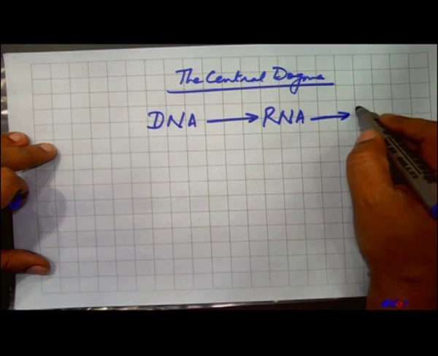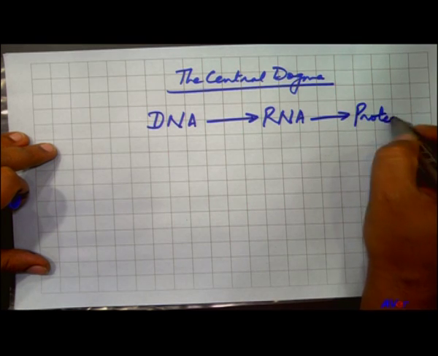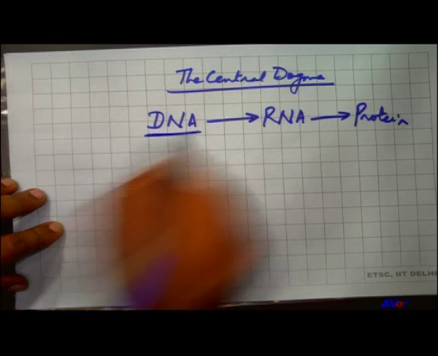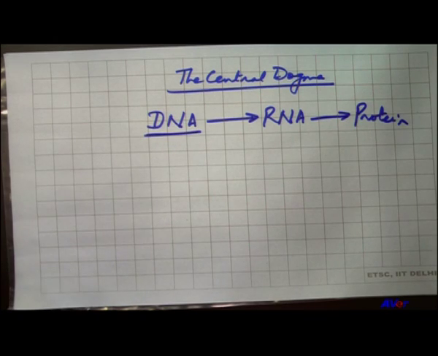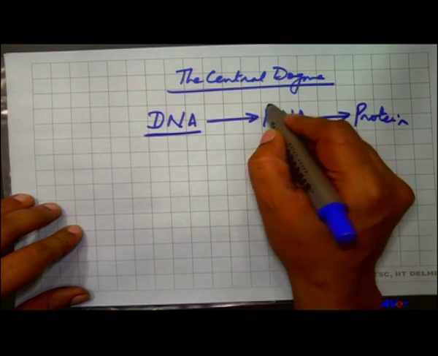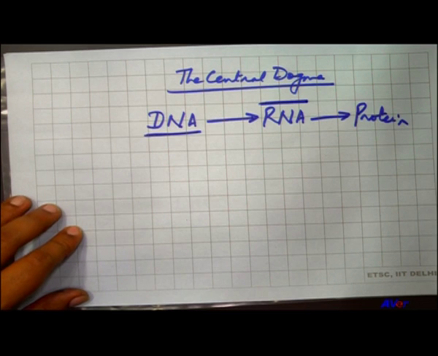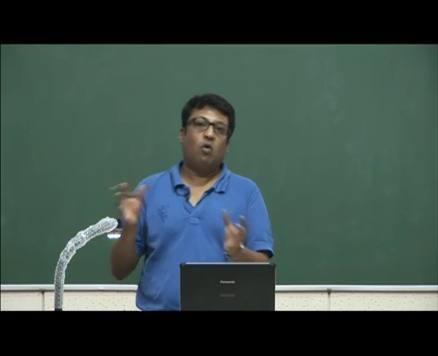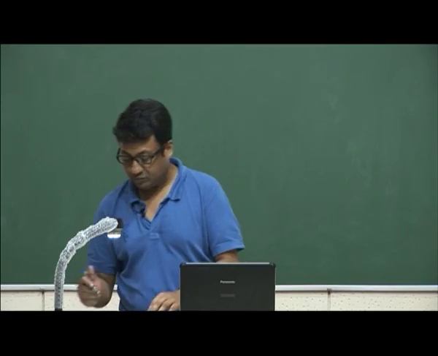The law of mass action manifests itself into this overall picture. You have DNA, DNA is the secret code. This DNA is converted into RNA. This is like a translation machine, a stencil which will help a cell read what is coded in the DNA.